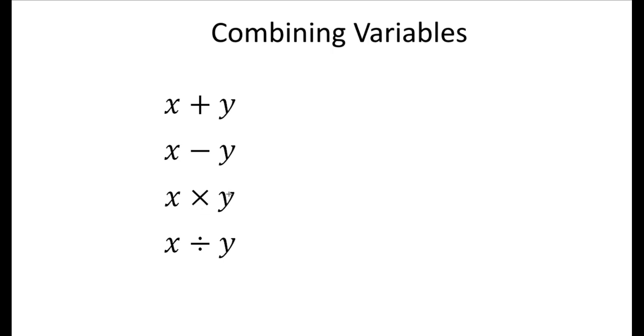X times y, now in algebra, in most maths, you usually do not put this multiplication symbol here for multiplying variables together. Now in maths we try to be very efficient, try to be quite, I guess you could say, lazy. But we try to make things as elegant to read as possible, very easy to read.